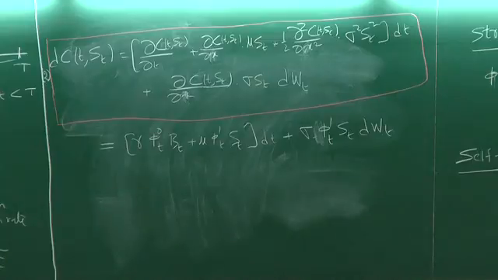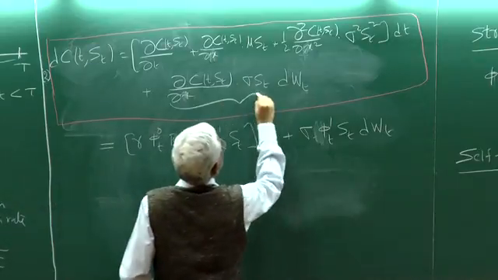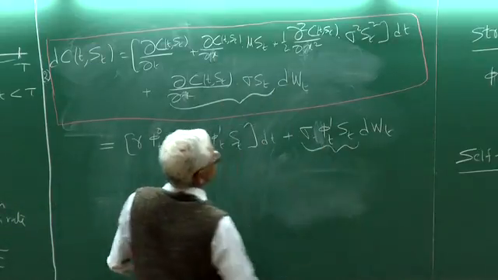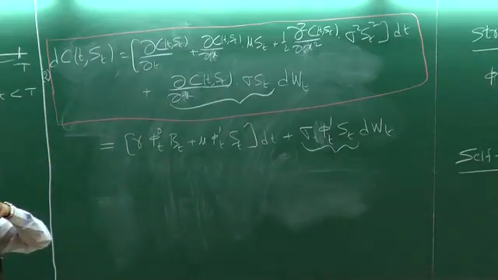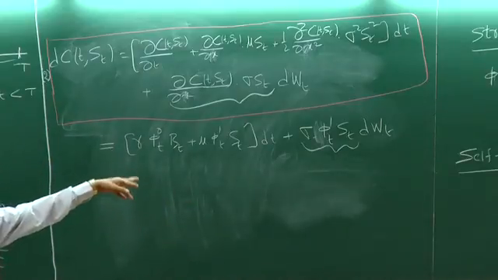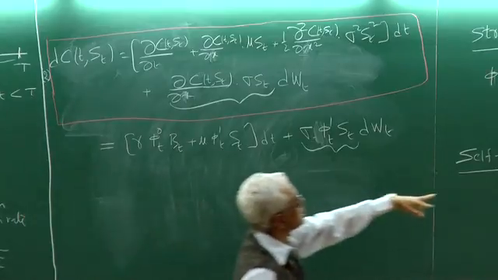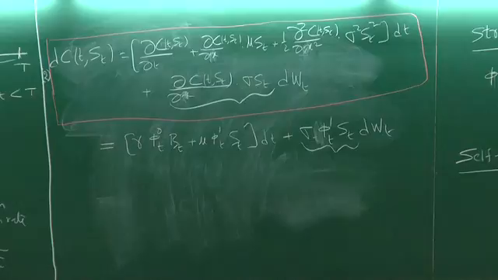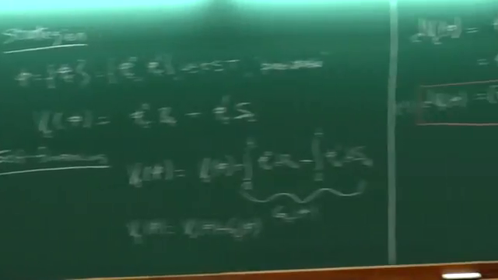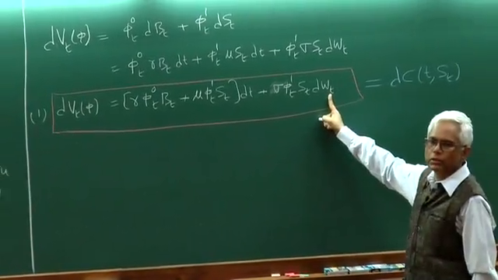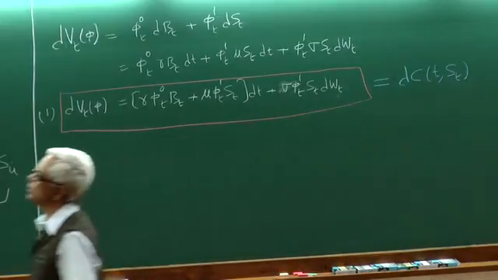So first equate the dW_t term. This quantity must be equal to this quantity. And from where have I written this here? This is exactly the dC_t term. So if you equate, what do you get?